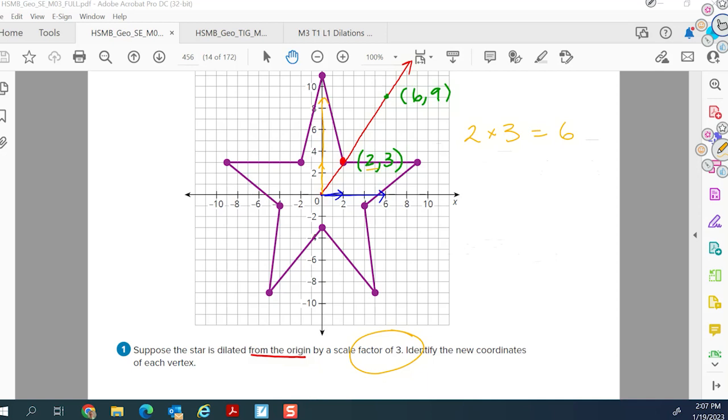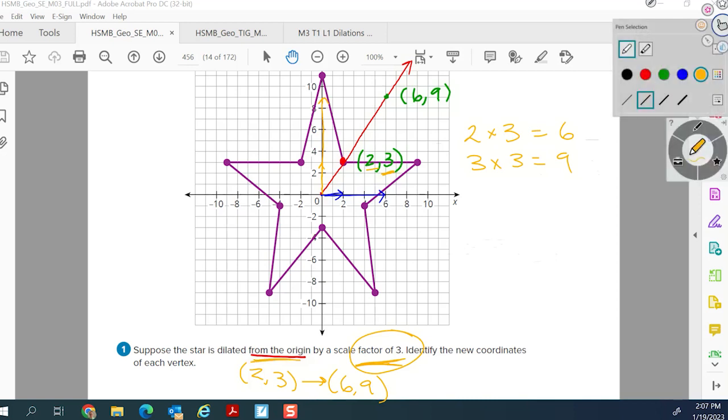I take this coordinate 3 times 3 and get 9. So you could take the coordinates 2, 3, multiply each coordinate by the scale factor and get 6, 9. That only works when your center is at the origin.